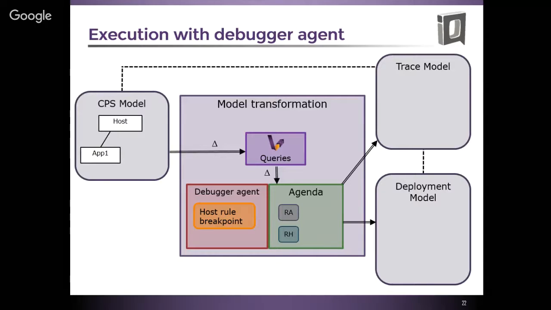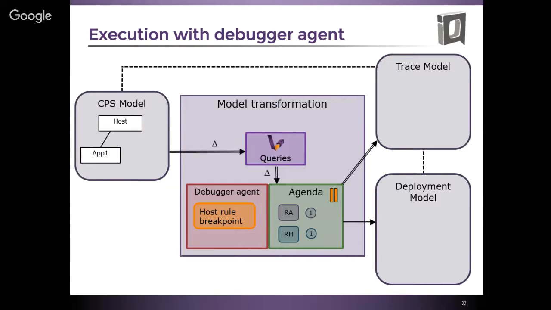So in our case, a host instance and an application instance are related to the source model. Rule activations are added to the agenda.